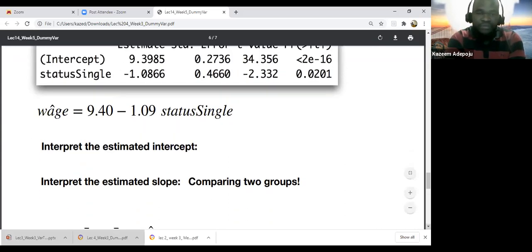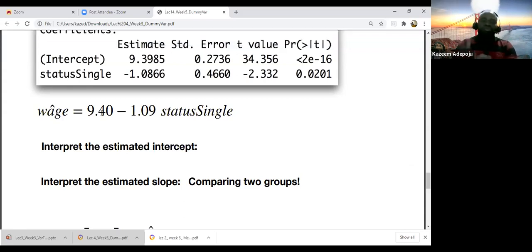So I've been able to interpret the parameters in the model. I've been able to interpret that because when the status single equals 0, we're actually going to have an intercept, which means that the intercept is the value of the point of reference. What is the point of reference? The point of reference is married.